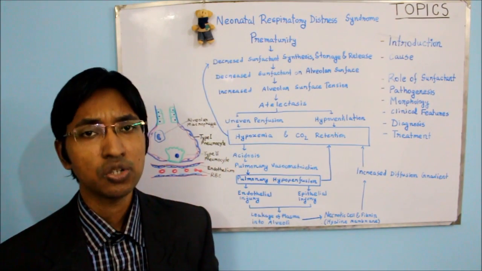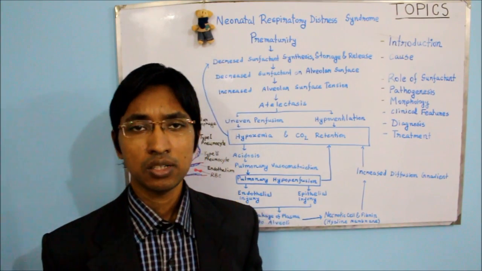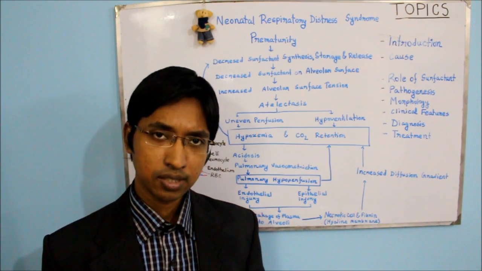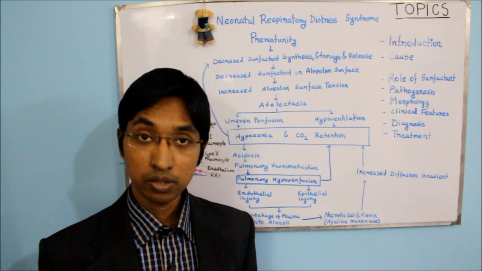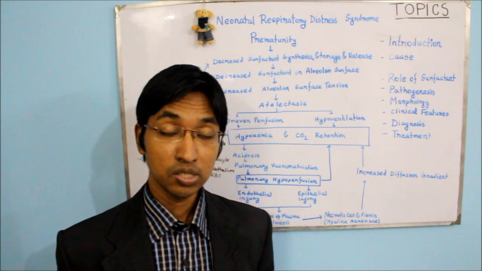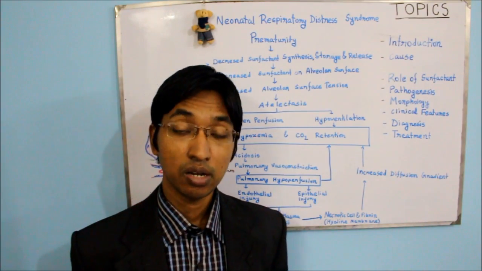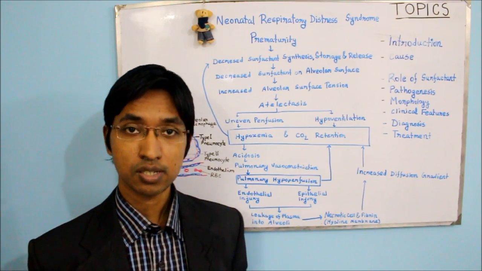If the ratio is more than 2, that indicates that the lung is mature, and whenever the ratio is less than 2, that indicates that the lung is still immature. And one thing you have to remember, when the ratio is less than 1.5, there is high risk of development of respiratory distress syndrome.